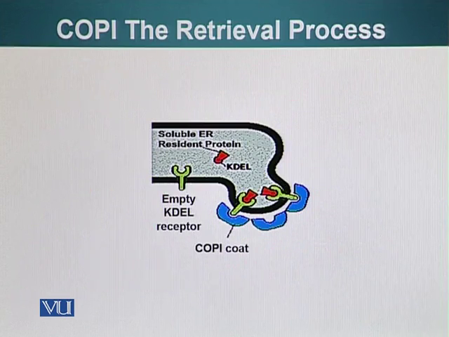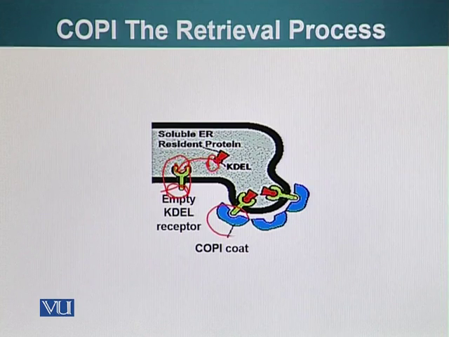So here I would like to show you this diagram. Here you can see the receptor proteins that can bind the KDEL sequence on the surface of proteins which are ER resident. Once the receptor binds this KDEL sequence, and of course the whole protein, there will be a conformational change in the cytoplasmic domain of this receptor, which will be recognized by COP1 coats.